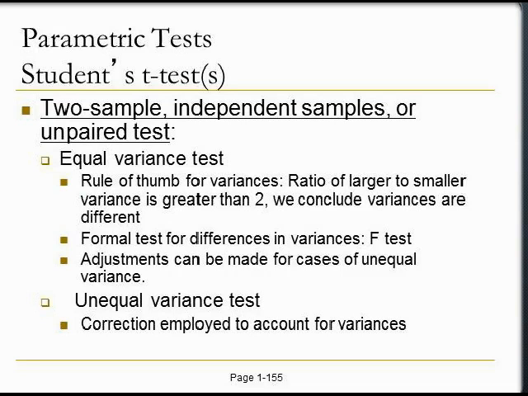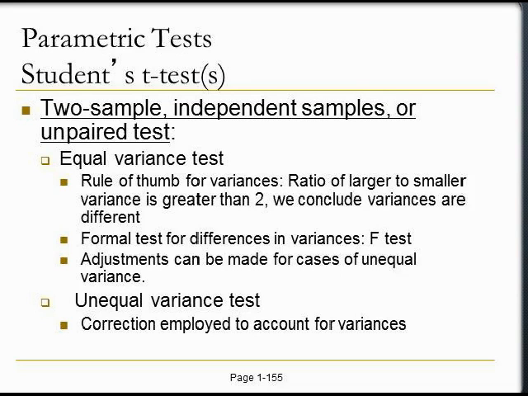Now, it gets a little bit more complicated if we determine the standard deviations of those 2 groups and we conclude that they're different. There's a test that we can use, or we can just use what's called the rule of thumb.